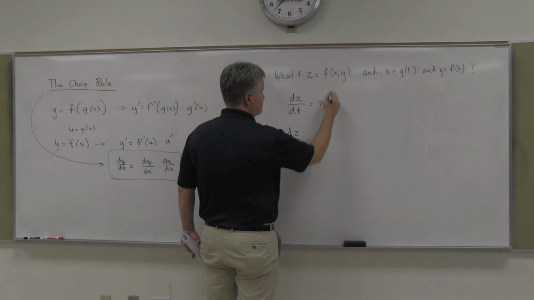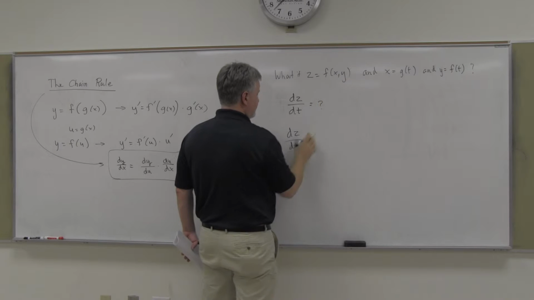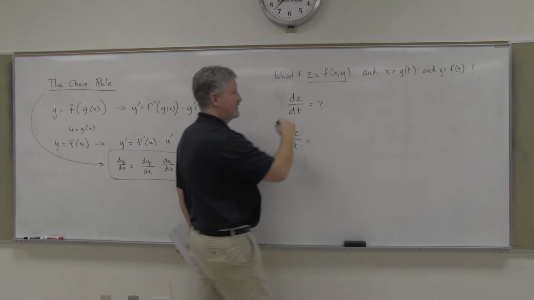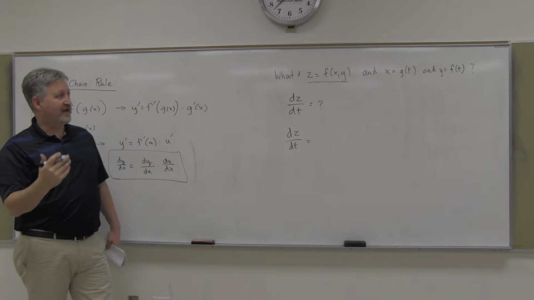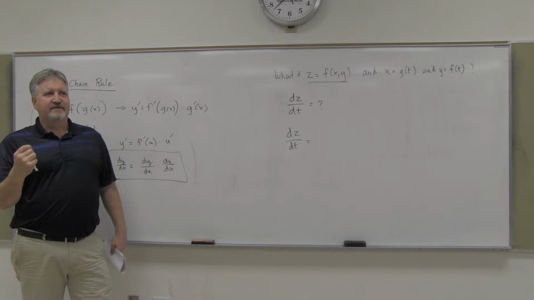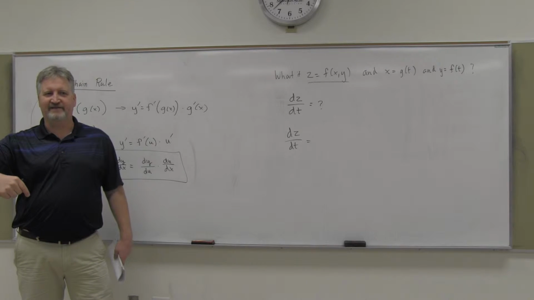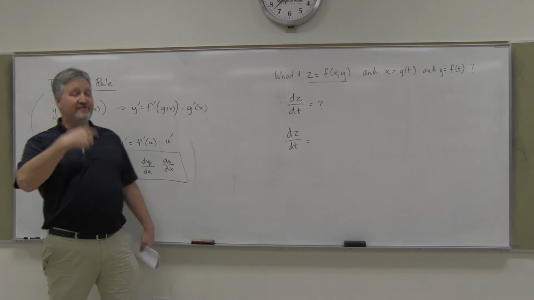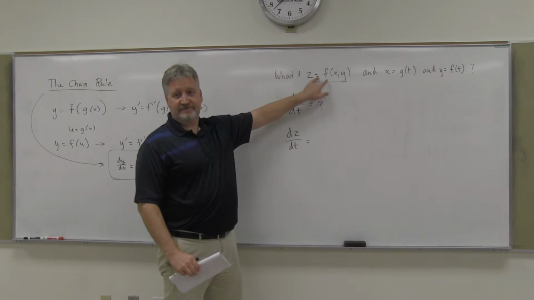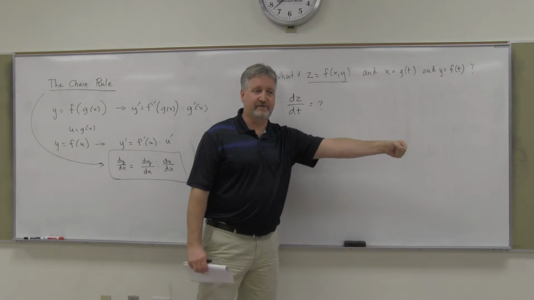When we have a two-variable function, you don't really talk about just a derivative with respect to x or with respect to y; you think of it in partials, right? So I've got two partial derivatives off of this one: a partial with respect to x, and a partial with respect to y.